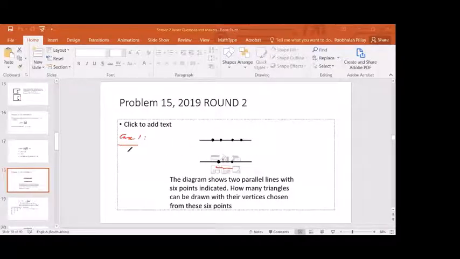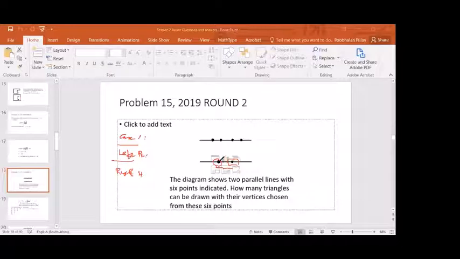Or I will choose the left point. By that I mean this one here. And I'll count how many triangles there are. And then finally, I'll take the right point, which is that one, and count how many triangles have got that as a vertex.